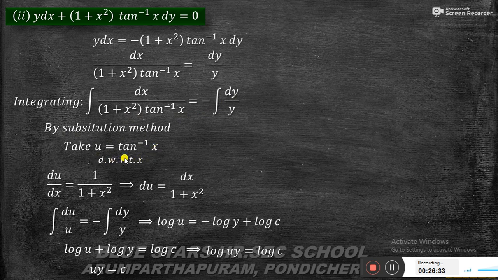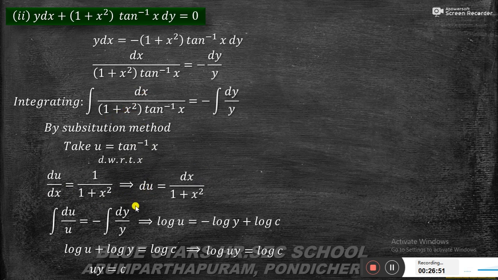So differentiate with respect to x. du by dx equal to the differentiation of tan inverse x, 1 by (1 plus x square). So the next step, du equal to dx by (1 plus x square). So instead of dx by (1 plus x square), I substitute du.